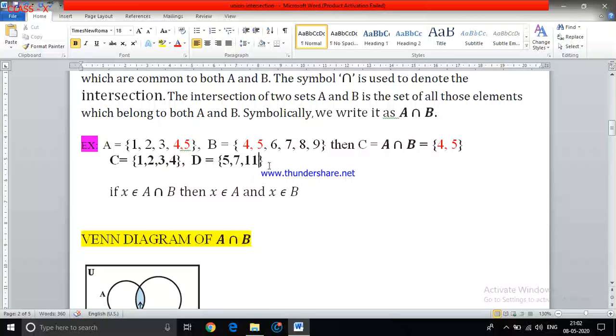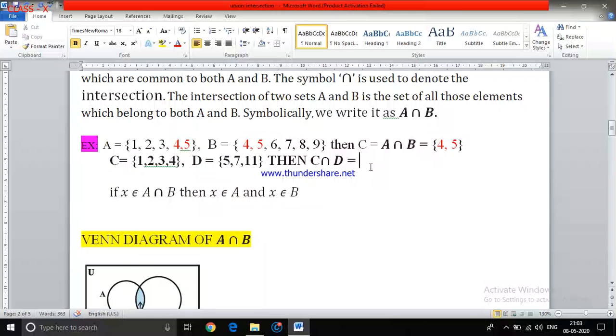I'll take any two sets like this. Then if I want C intersection D, that is the common elements of C and D. If you observe the C set and the D set, here C has 1, 2, 3, 4 and D has 5, 7, 11. Is there any common element between C and D?